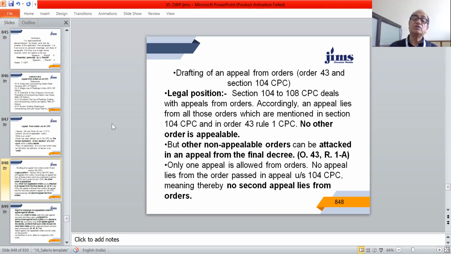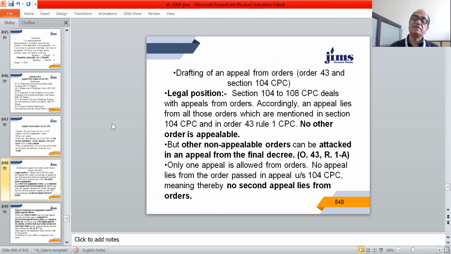But no other order is applicable unless it falls in the list given in Section 104 and Order 43 Rule 1. But you are not handicapped. If an order is not appealable, all other non-appealable orders can be attacked in an appeal from the final decree.